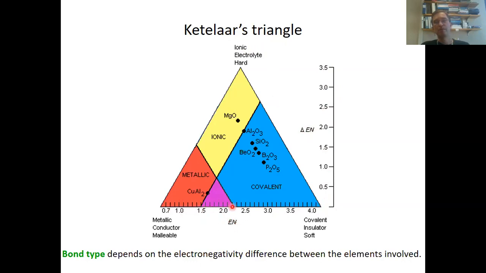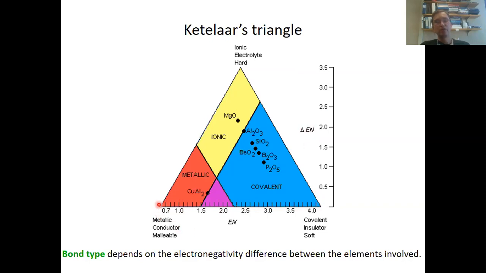Now all substances here on this x-axis, where delta EN is equal to 0, constitute the elements, because only in elements do we have an electronegativity difference of 0.